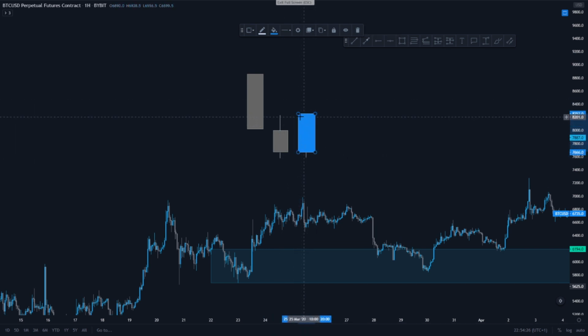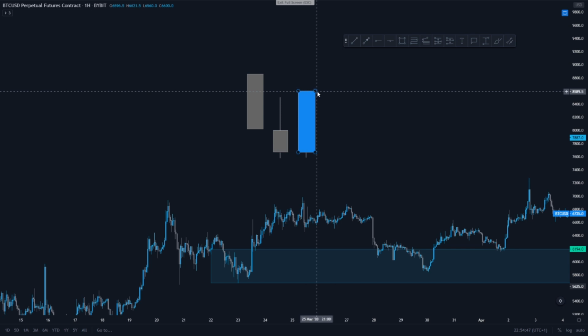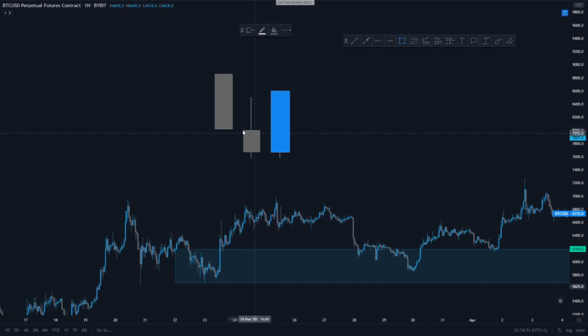This candle's body, the higher body, has to engulf this last down candle completely. So if this would be the wick of this down candle, then this bullish candle's body would have to be like this. It has to engulf this candle completely. This is the so-called bullish engulfing.